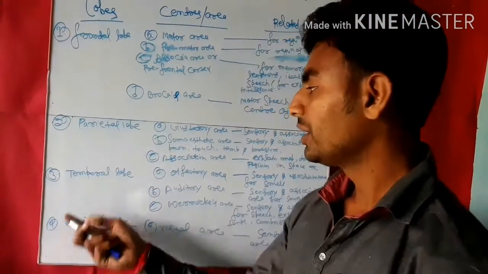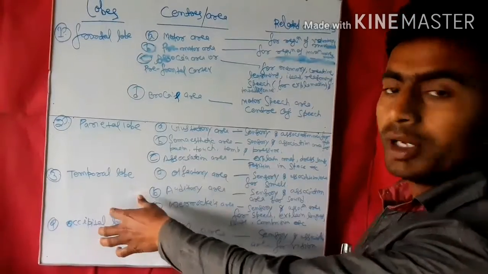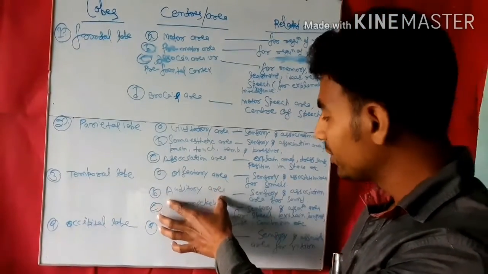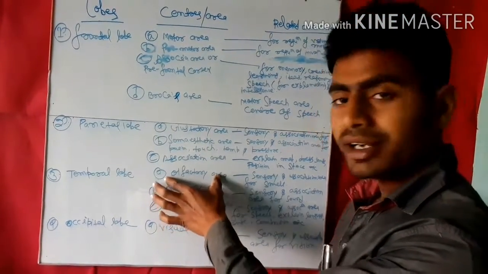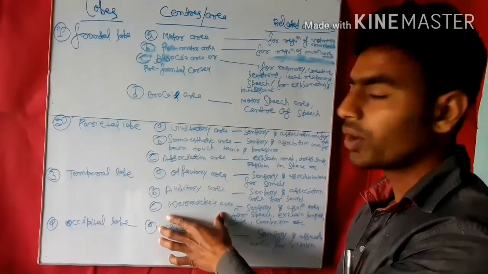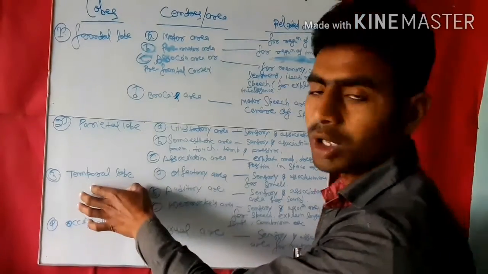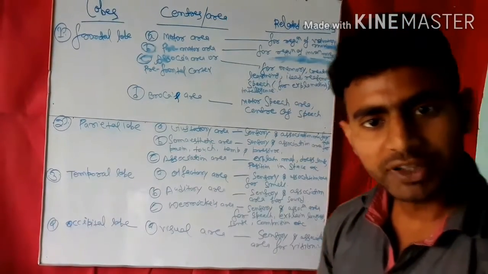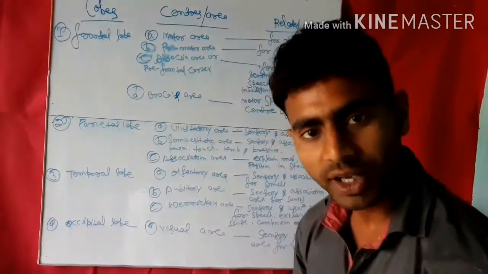Last, that is the temporal lobe. In the temporal lobe, three areas are present: auditory area, olfactory area, and Wernicke's area. And this is present in the temporal lobe, and the temporal lobe is present in the cerebrum.